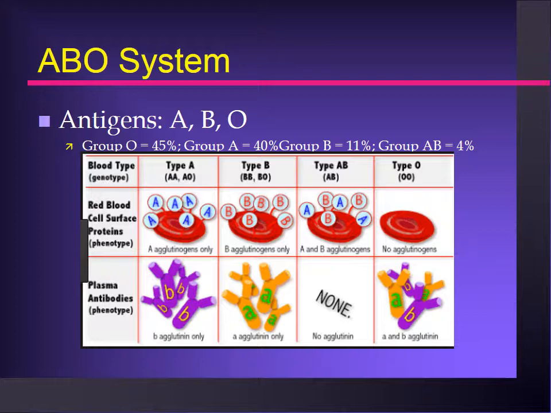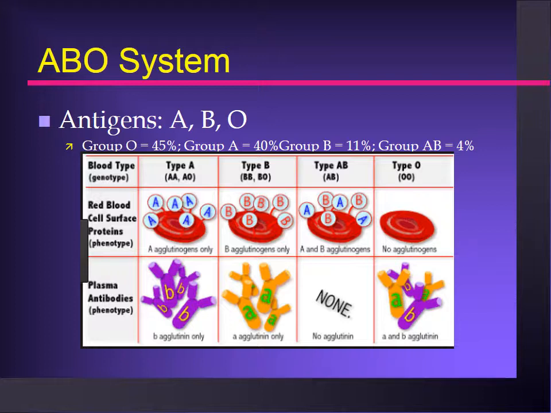The ABO system is the most important blood group system that we need to discuss. You may remember, if someone is a group A, they have A antigens on their red blood cells and anti-B in their plasma. Someone who is a group B has the B antigens on the red cells and anti-A in the plasma.